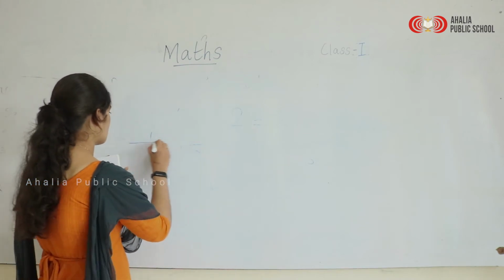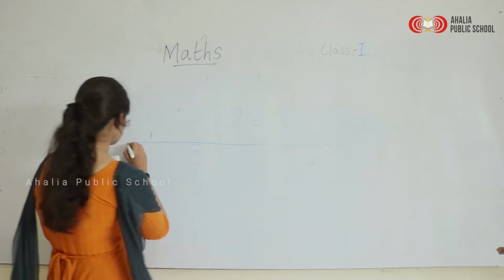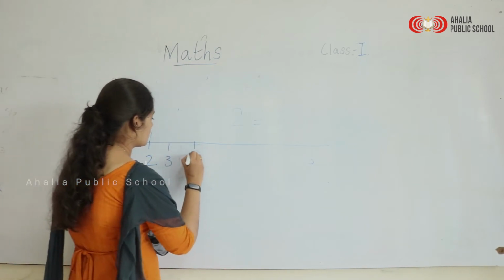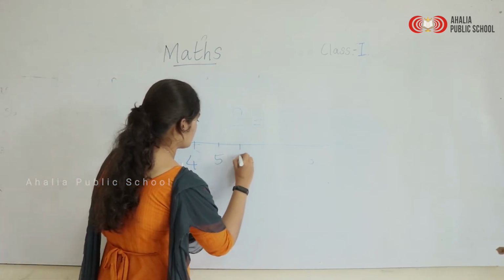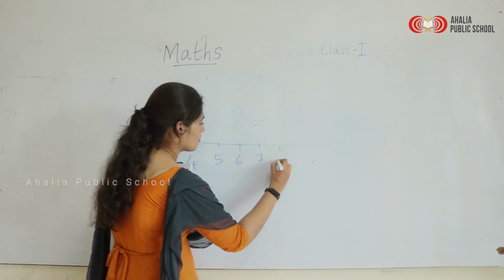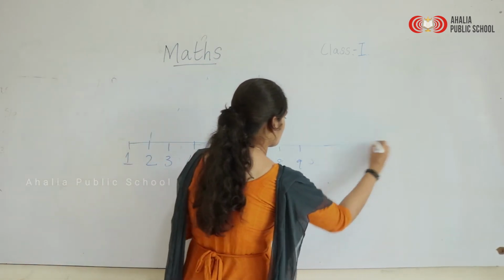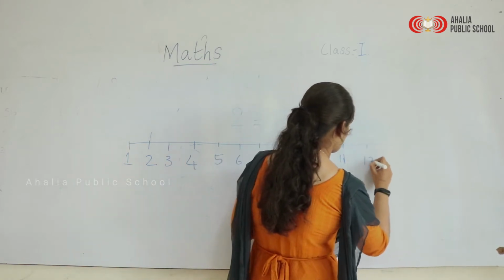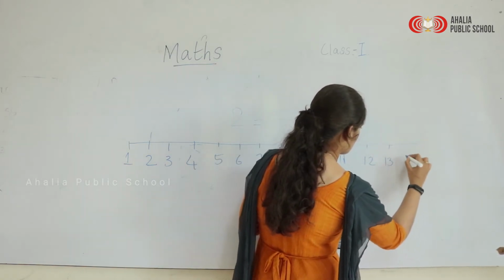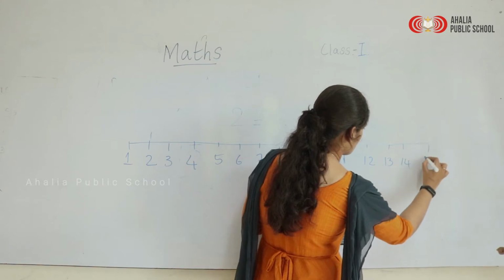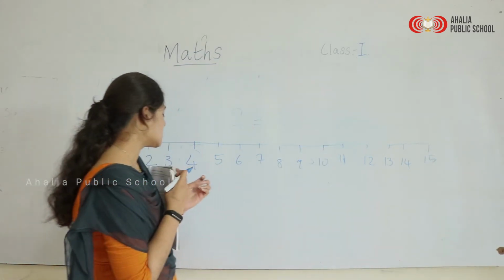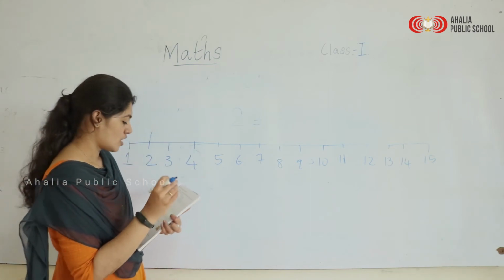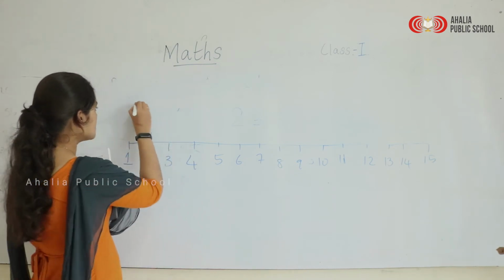So this is the number line for the numbers up to 15. So I'll just show you one example.